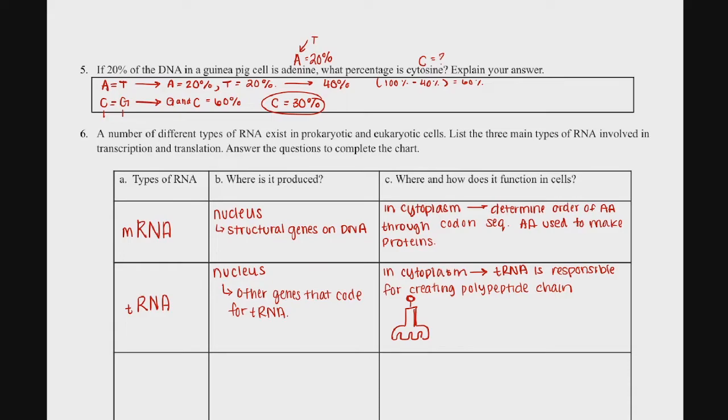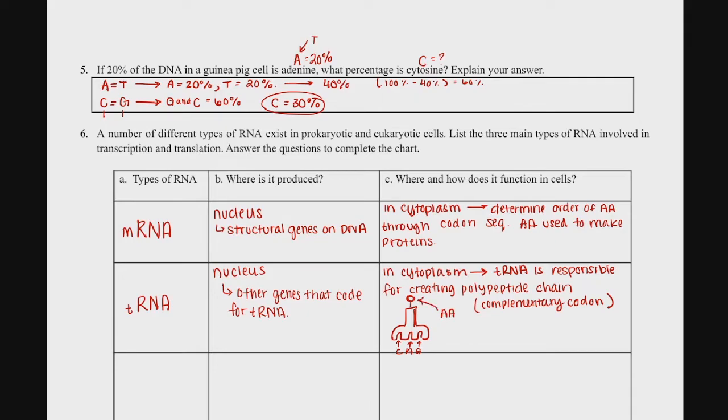So these three sites are what's responsible for binding with a complementary codon. So these bind with like C, A, G, or something like that, and it's carrying an amino acid.